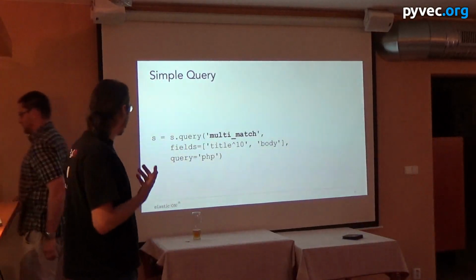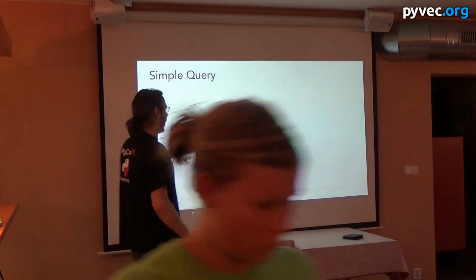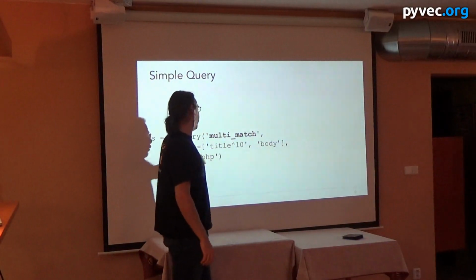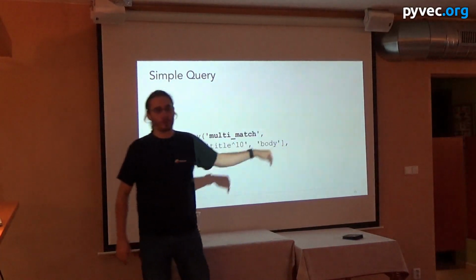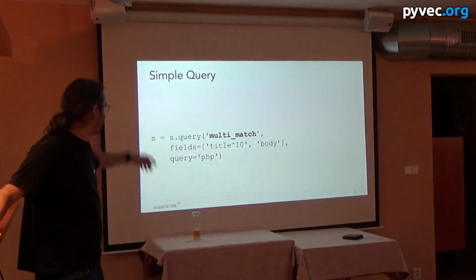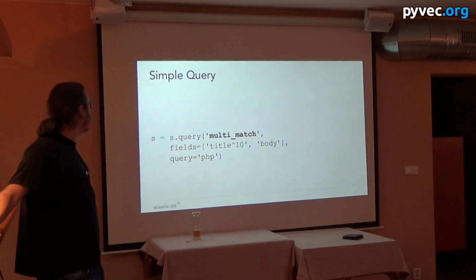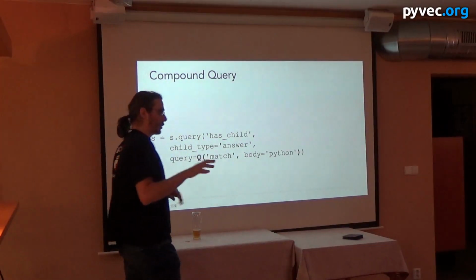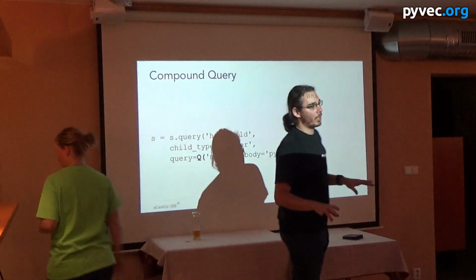And I'm looking for questions that mention PHP in either title or body. So I'm using the multi-match query over the fields title and body. I say that title is more important to me than the body. And I'm looking for the term PHP. So far, so good. Then I add another query, because Elasticsearch is capable of capturing some relationships between documents.